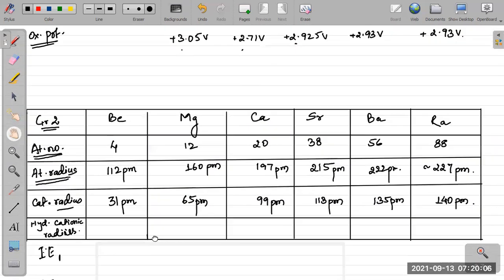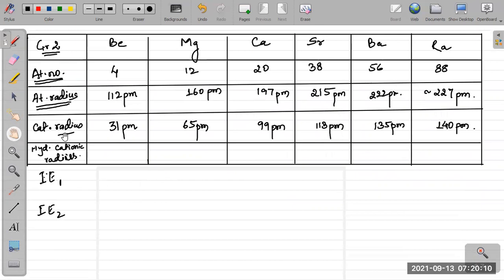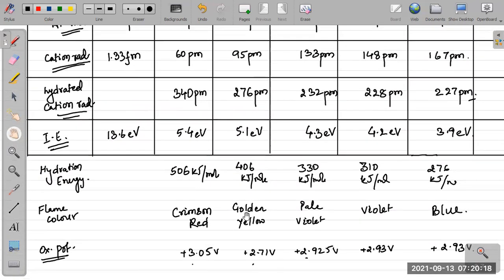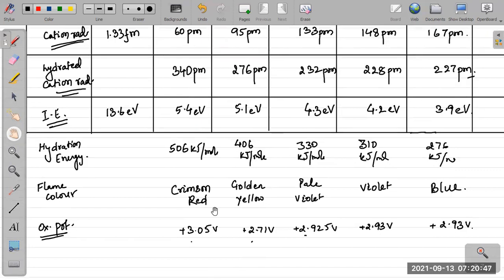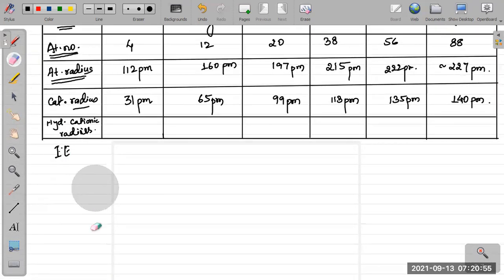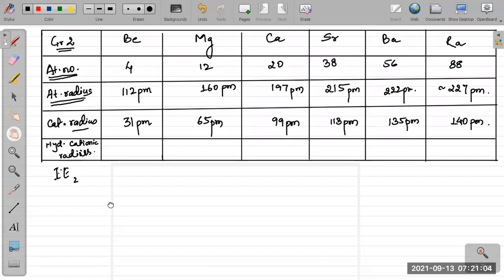For beryllium magnesium के लिए the ionization energy value is also available.